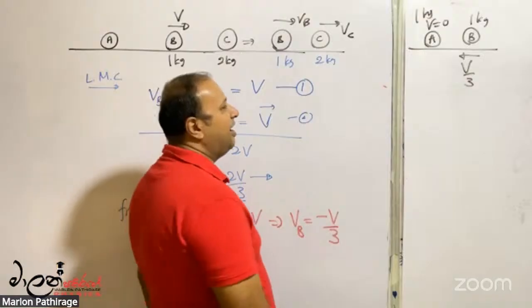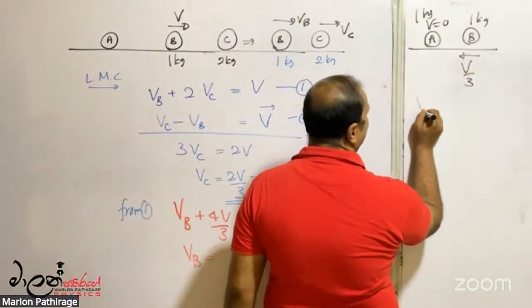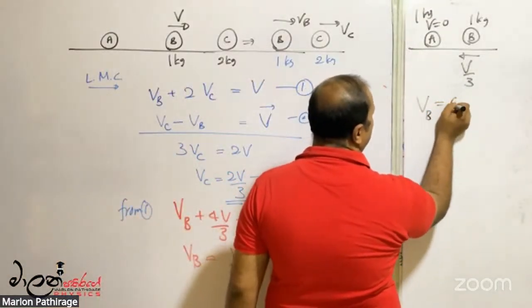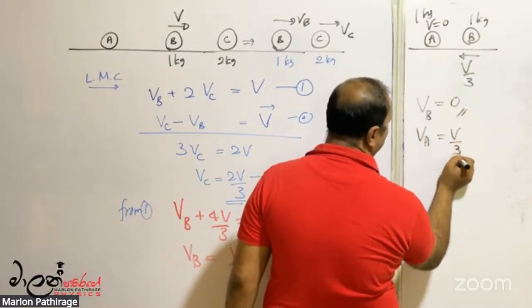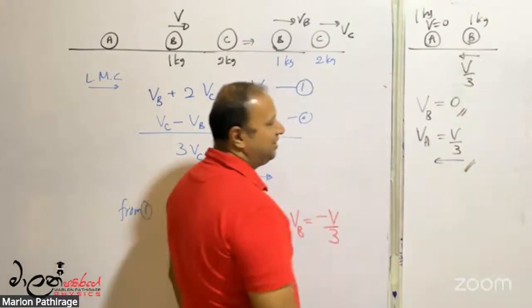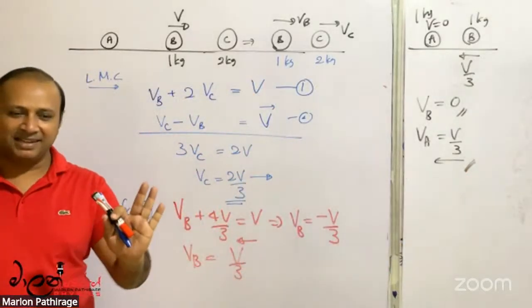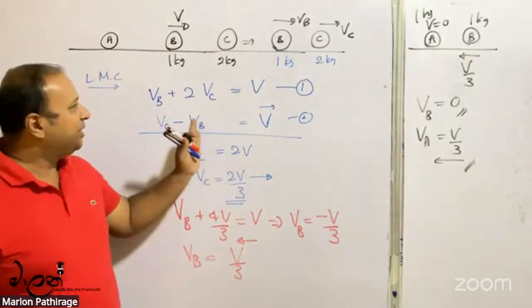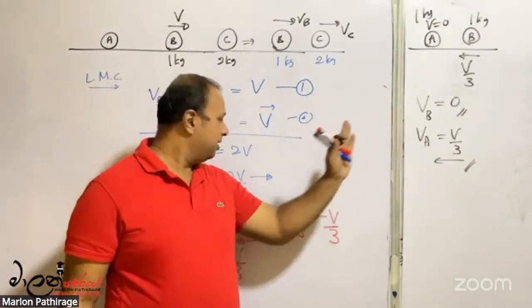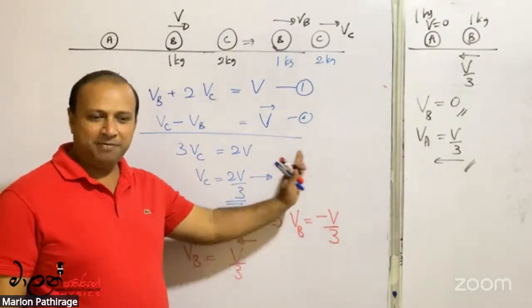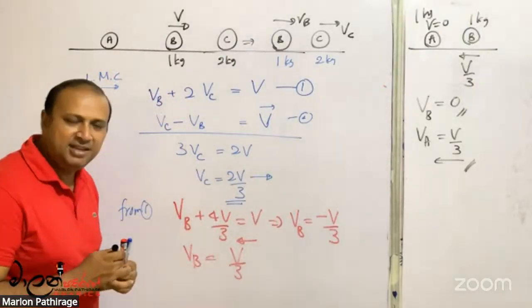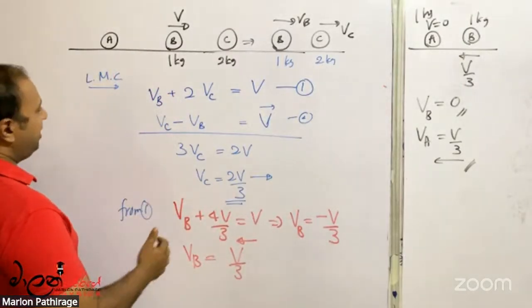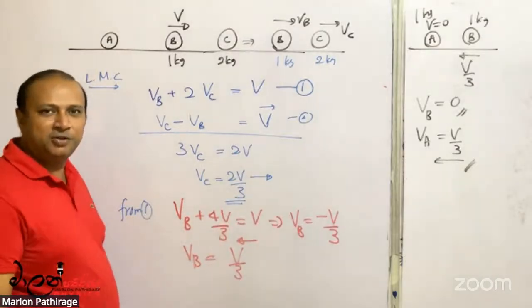After the collision, VB becomes 0 and VA is V over 3 to this side. Is that clear? Then C goes to this side at a speed of 2V over 3. B is at rest and A is moving at V over 3 to the other side.